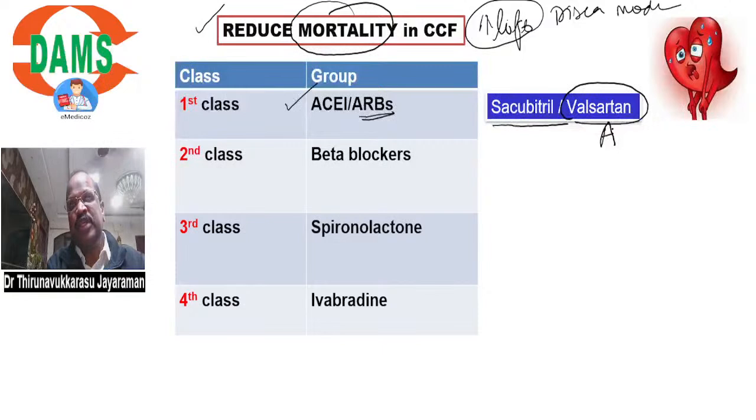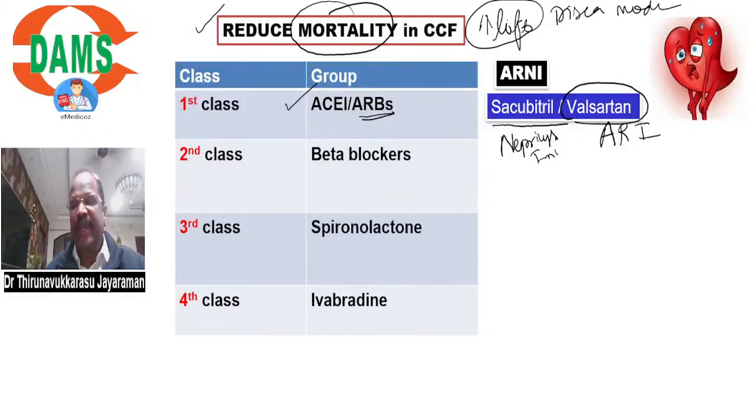Valsartan is an angiotensin receptor blocker. Sacubitril is a neprilysin inhibitor. This is available as a combination that is called ARNI. Yes, good, very good.